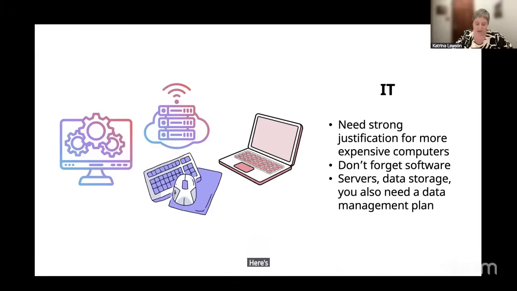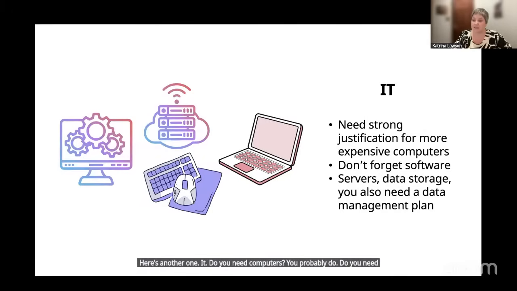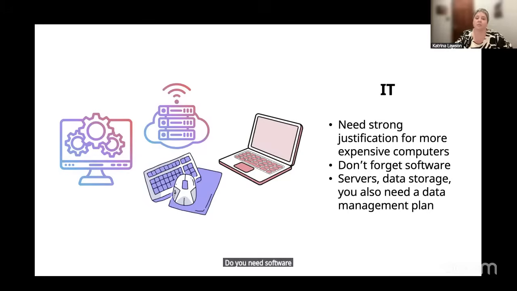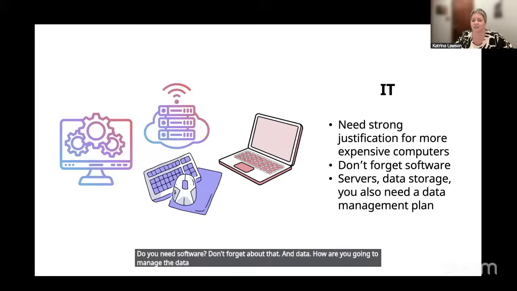Here's another one, IT. Do you need computers? You probably do. Do you need bits and pieces to go with the computer, like your mouse? Do you need software? Don't forget about that. And data, how are you going to manage the data for the IT stuff? That means you might need a data management plan as well.